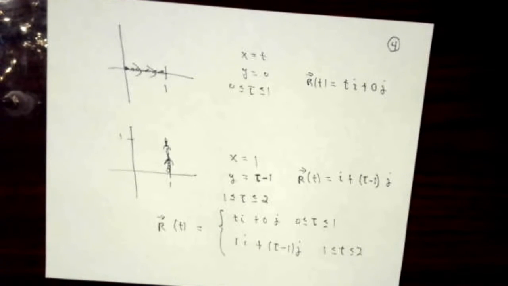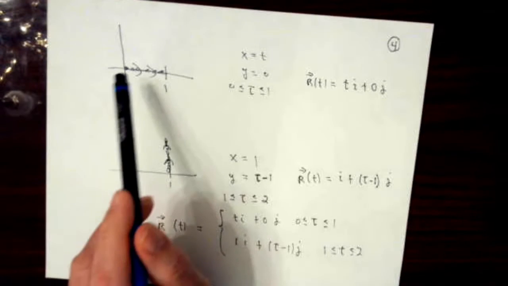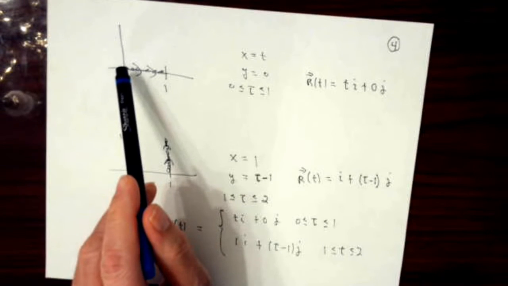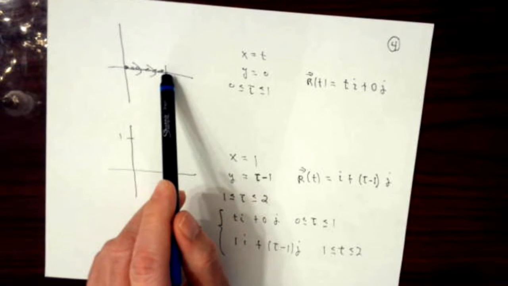I've got to make a sharp turn and go upwards now. There's always a little bit of fiddling around to do. In my description, t is 0 here, it's 1 here.